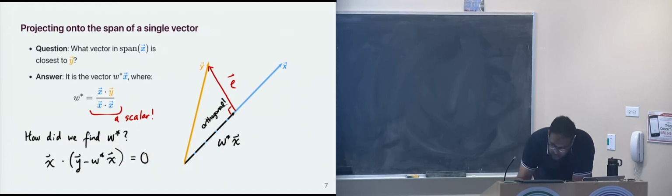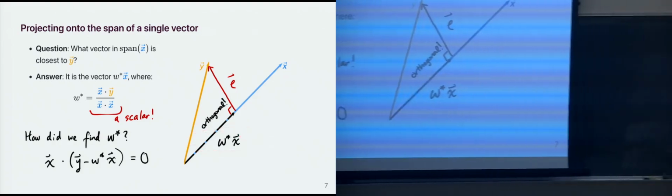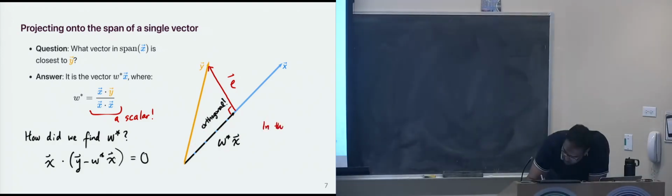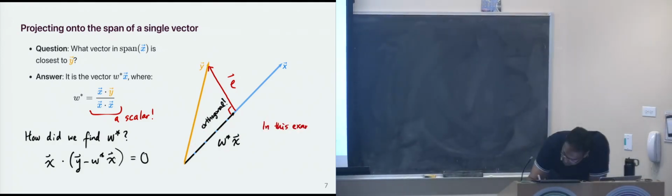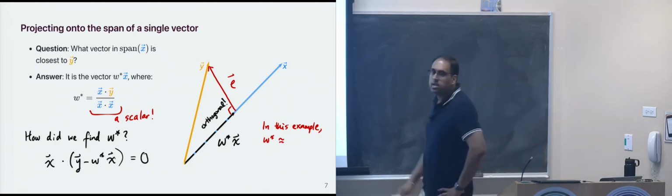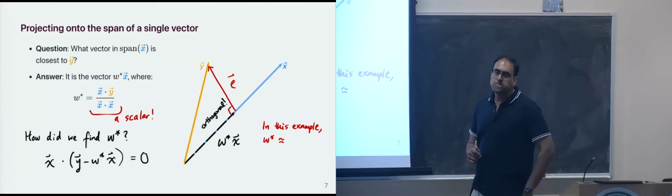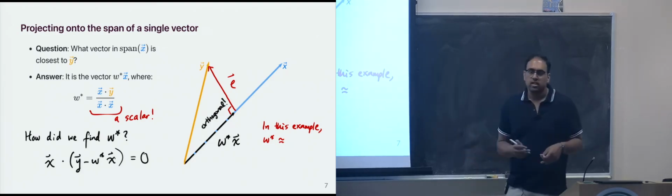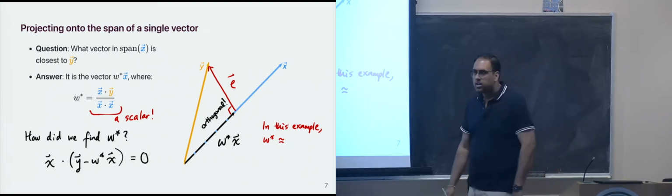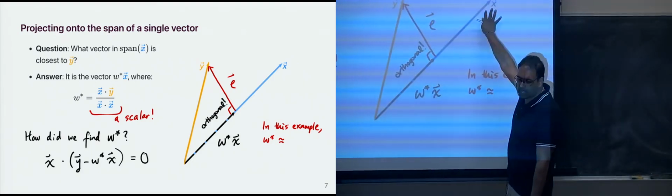Now here's a question just to make sure we understand the role of w star. If you had to approximate the value of w star here, what would you estimate it to be? Yeah, it's around a half. Why? How'd you get that? Yeah, it seems like w star x seems to be roughly half the length of x.